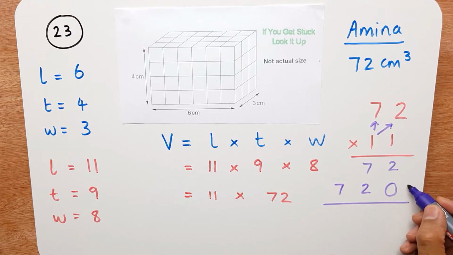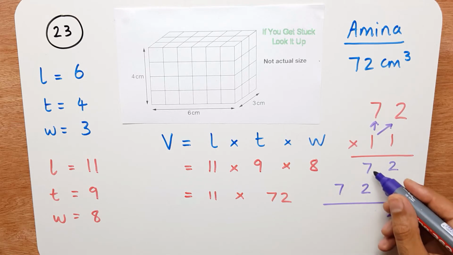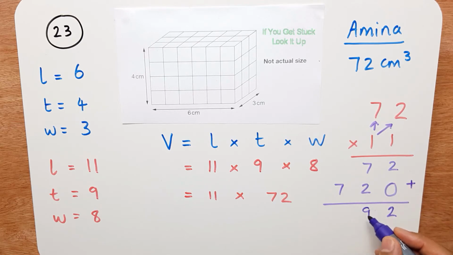Now I simply add these two. 2 add 0 is 2, 7 add 2 is 9, and 0 add 7 is 7. So Stefan's cuboid is 792 centimeter cubed. So I can write that there now.